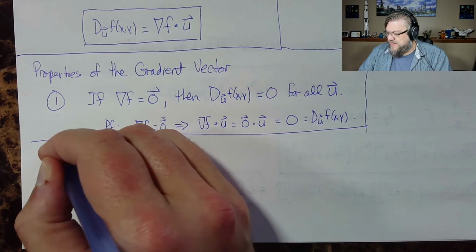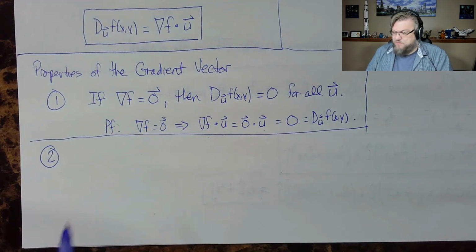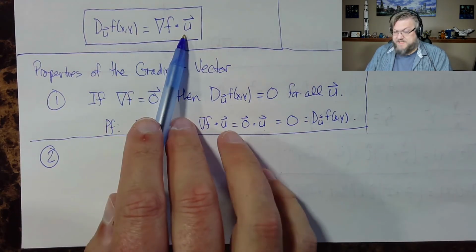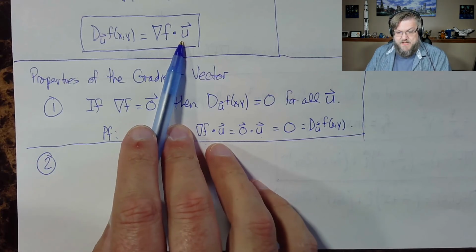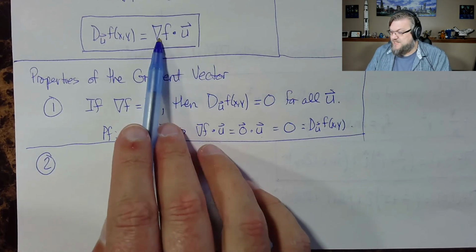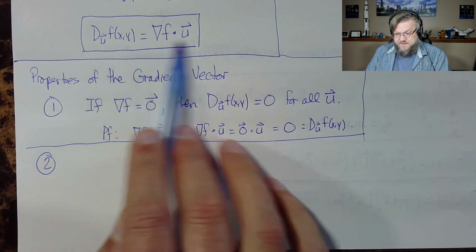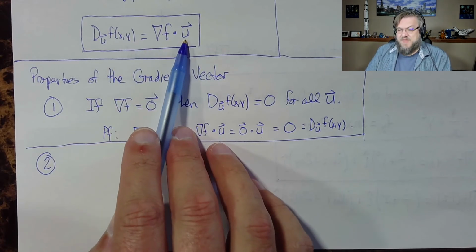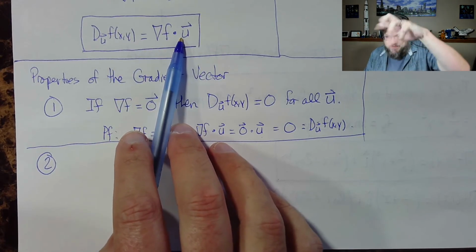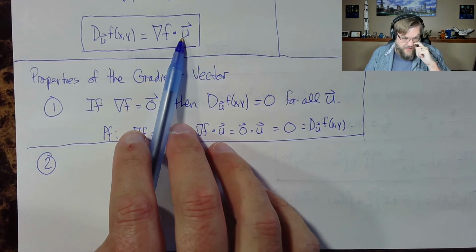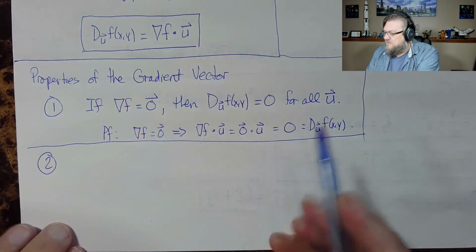Now, the second property is recognizing this formula is a dot product, which means that I can actually recast this even more. I'm going to pull some knowledge back from chapter 11, I think. Here we go.